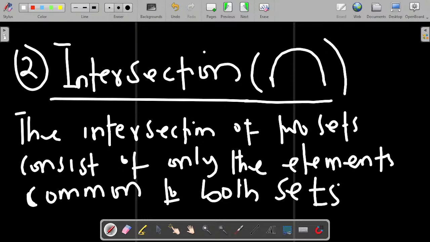That's what I mean by intersection. Only the elements common to both sets.